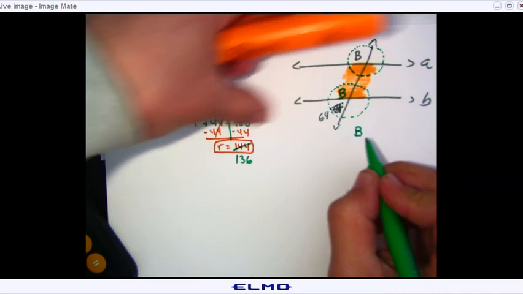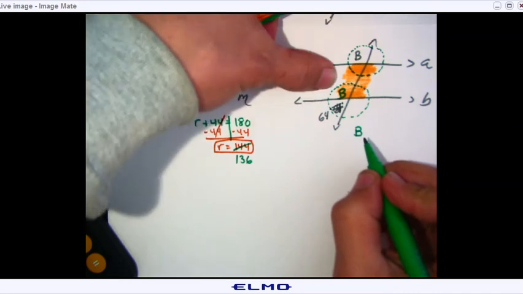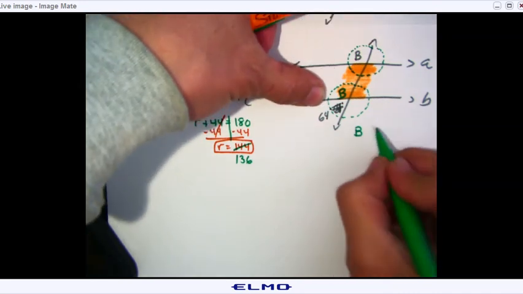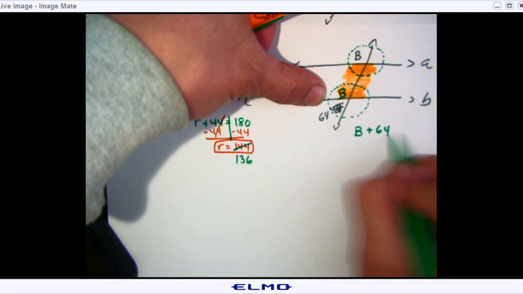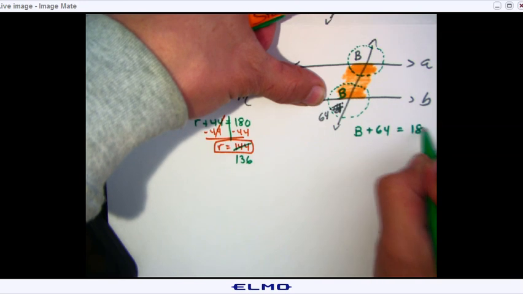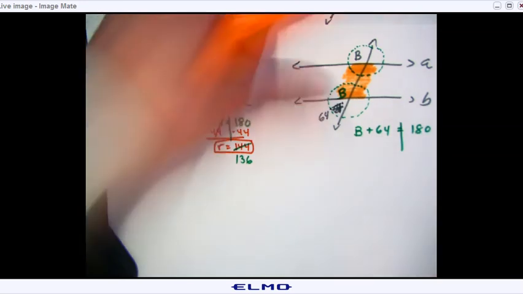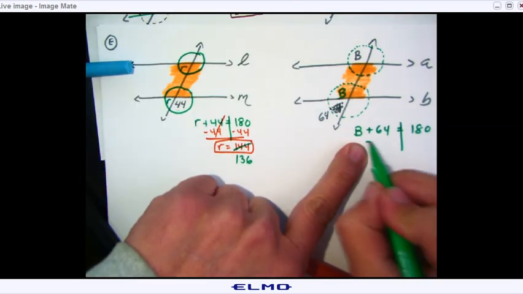So then on the other one, this is the math for B, because I want you to show the math portion of it. B plus 64 is equal to 180. Then you're going to subtract 64.